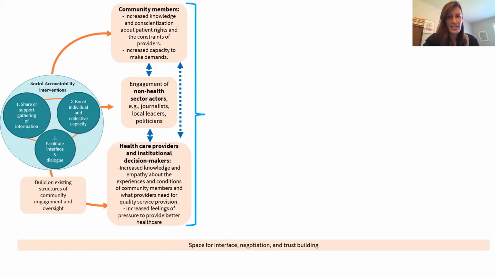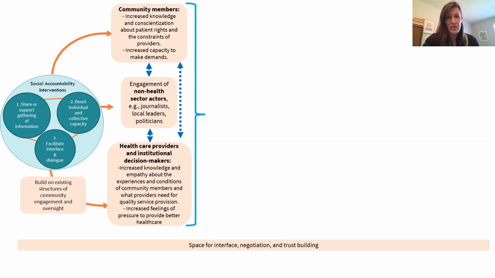This multifaceted and iterative process often builds on existing community engagement platforms and leads to an increase in knowledge and conscientization by community members about their rights and entitlements, state processes, and the constraints of providers. Furthermore, they feel increased confidence and capability in interacting with health providers and other individuals with power, thus increasing their capacity to make demands.